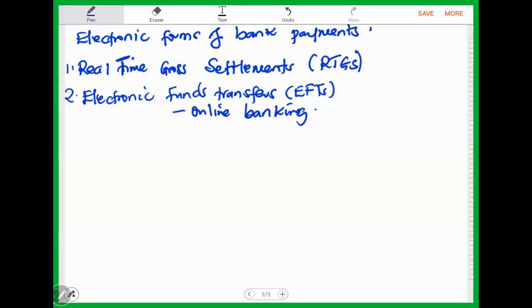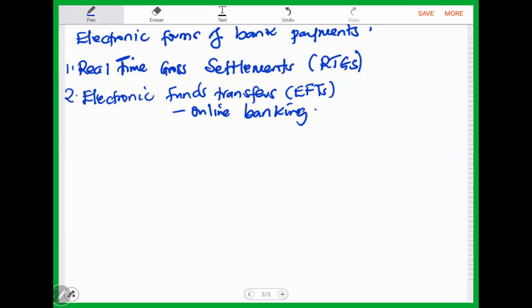My colleague will initiate and I approve, or I initiate and another colleague approves. So with EFTs, there is no interaction between me, the person who is initiating this, and the bank person. We do these transactions online without necessarily reaching out to the bank.